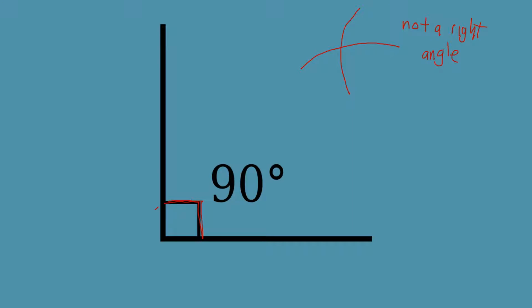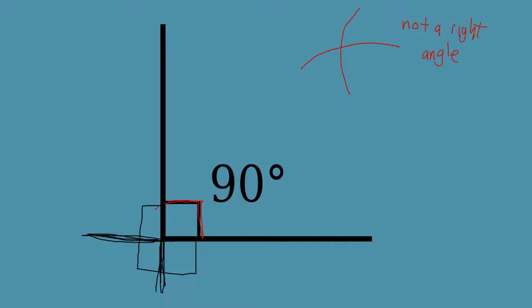If you look at our big 90-degree angle here, and if we were to extend these two lines out like this, so it's like two lines intersecting, you see that all four of these angles that are formed by those two intersecting lines, they're all the same. They're all right angles and they're all the same.